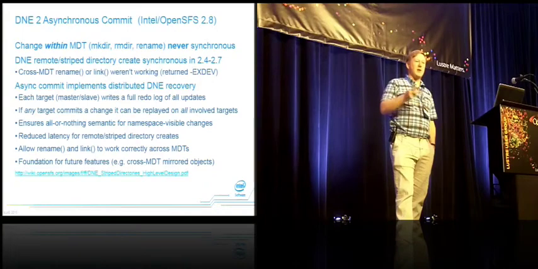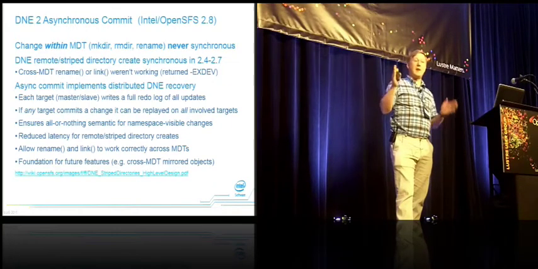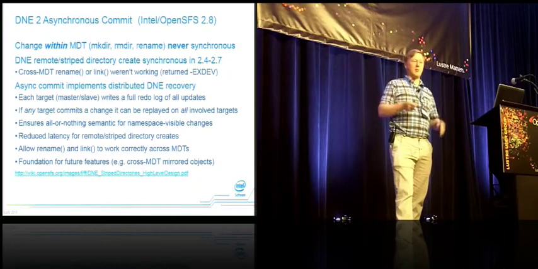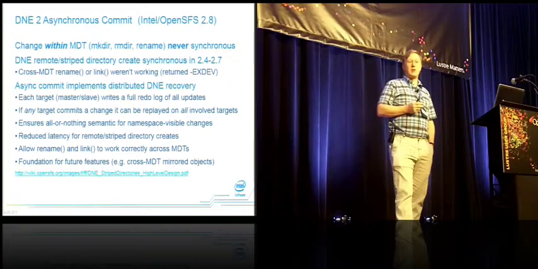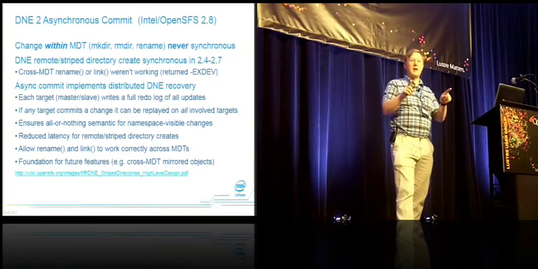And as part of this, the atomic updates allow you to do consistent renames, and you won't have a crash where you have the same name appearing in two places after a rename or something like that, or your link counts are wrong. And the other interesting thing with asynchronous commits is because it's a distributed transaction mechanism, you could potentially do something like write your metadata into two metadata targets at the same time for mirroring, right?